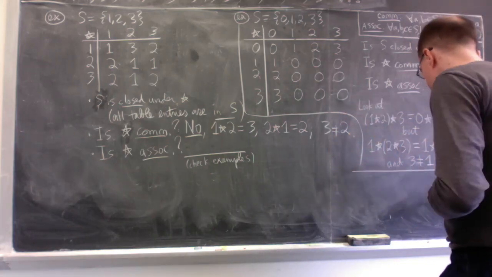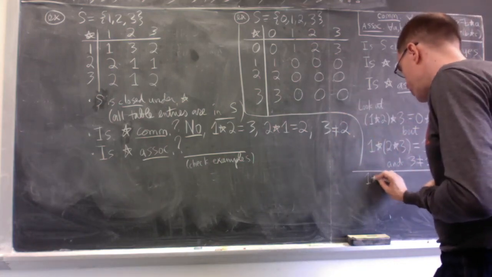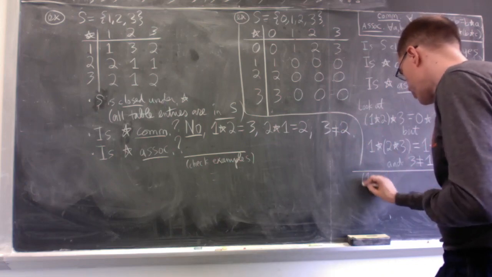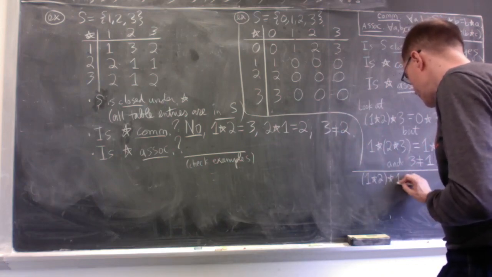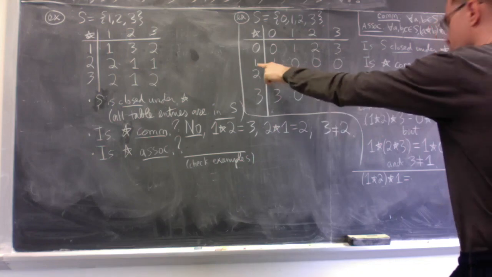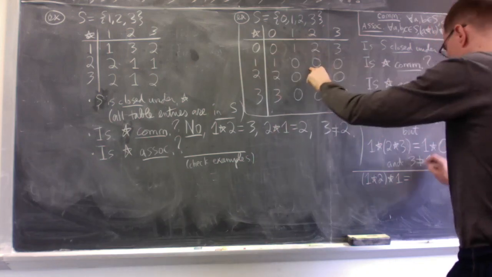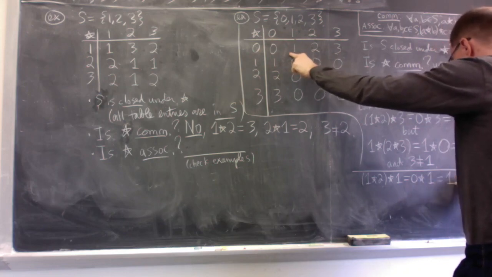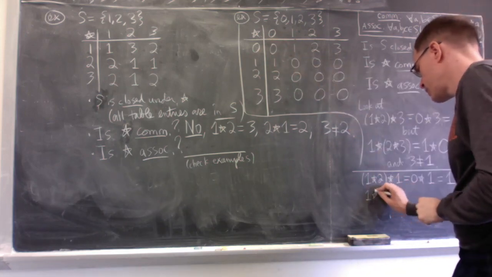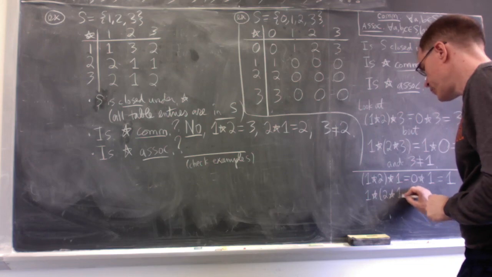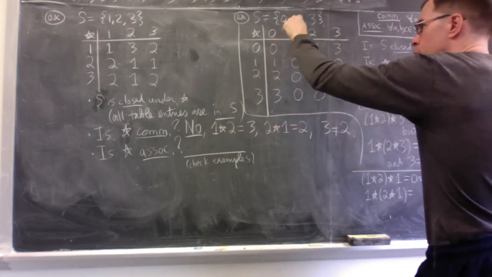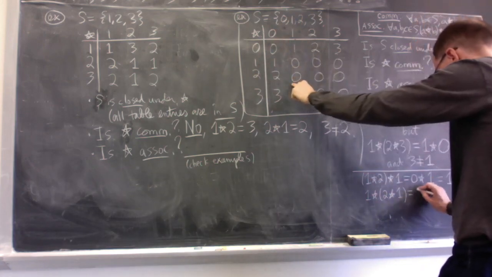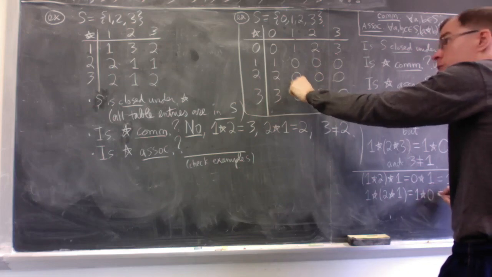So if just a chance led us to try something like 1 star 2 star 1 in both orders, I think this will work. 1 star 2 is 0. 0 star 1 is 1. And in the other parenthesization, 2 star 1 is 0. And 1 star 0 is 1.